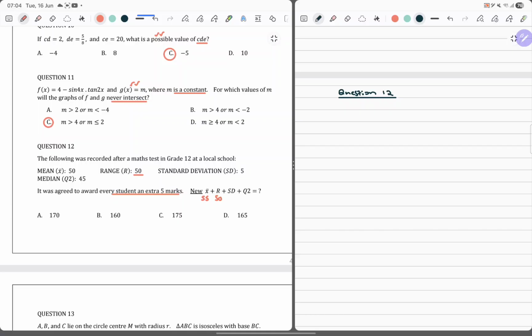Again, all measures of spread, if we increase every data point by the same amount, literally remain the same. So the standard deviation will also remain 5. But measures of central tendency will always increase by the same amount that the individual data points increase by. So this is going to be 45 increasing to 50. Now folks, we can see that this is 100 plus 60, that's 160. So the answer becomes option B.